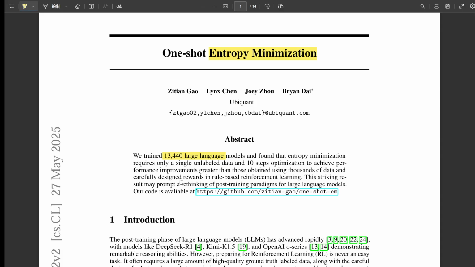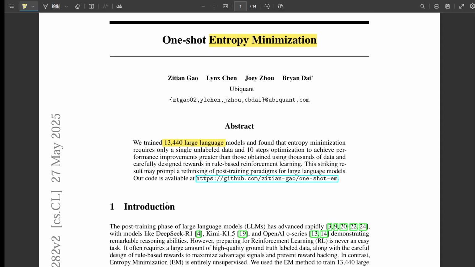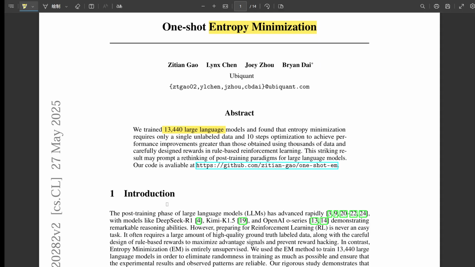It tries to minimize something called token level entropy. Think of entropy as a measure of the model's confusion at each step. So if it's unsure about the next word, it gives lots of words a similar low chance, high entropy. Precisely. High entropy means the probability is spread out. Minimizing entropy forces the model to put much higher probability on just a few likely options, to become more certain.